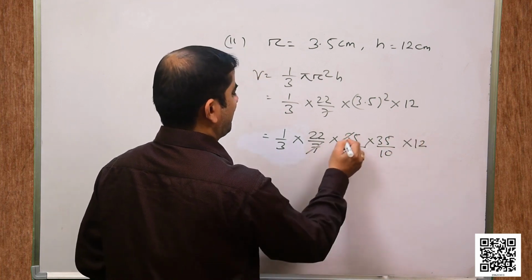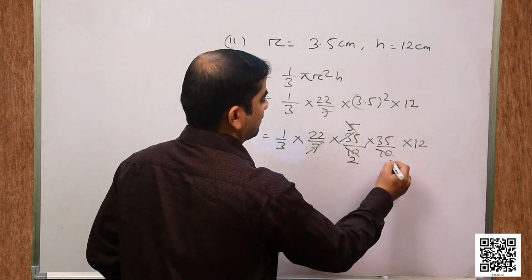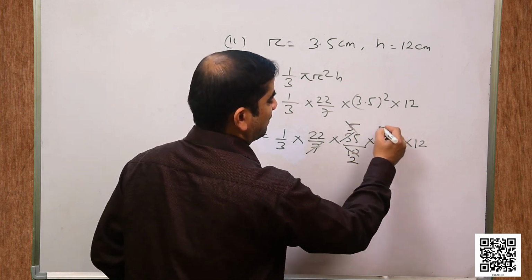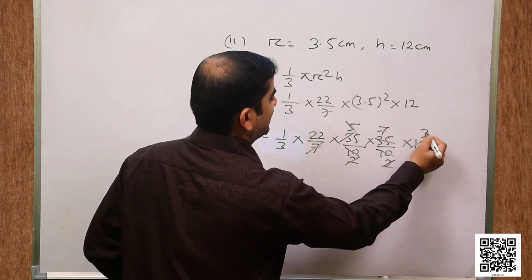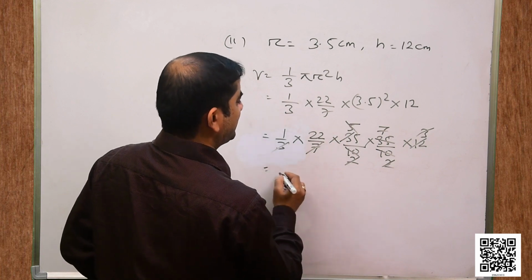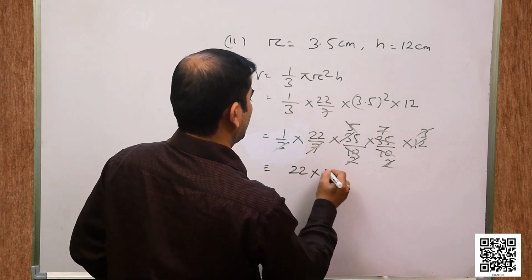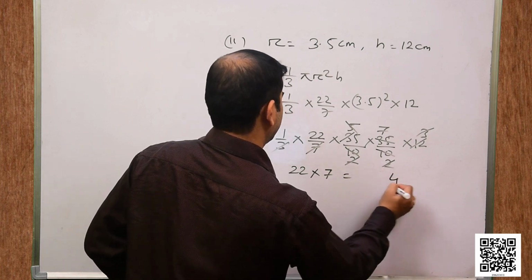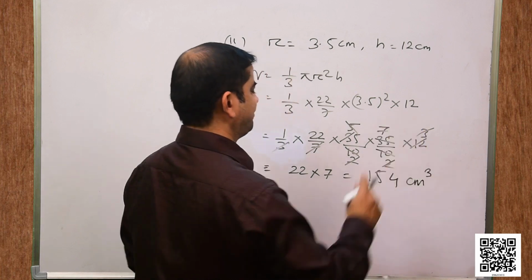That means 22 into 7, which is 154 centimeter cube.